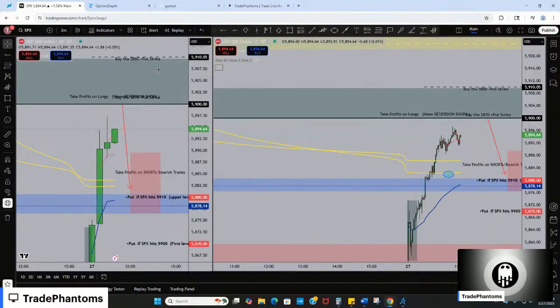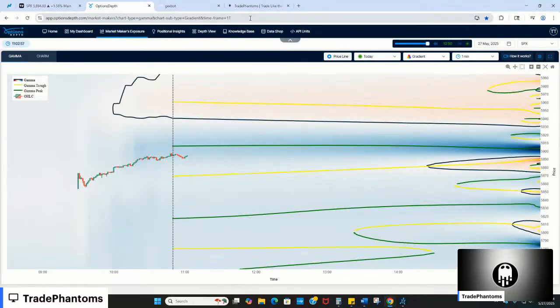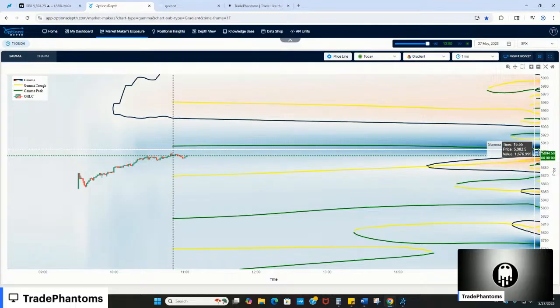All right, folks, I think I'm going to bang out of here. Hopefully y'all are doing okay. Kind of a slow grind tape to the beginning of the week. I'll give you one last look at options depth here. 5910, 5900, 5900, 5910.